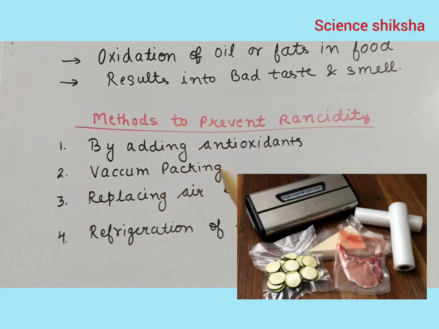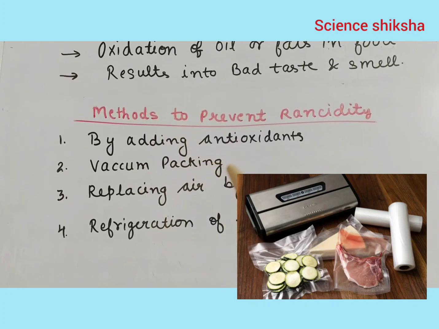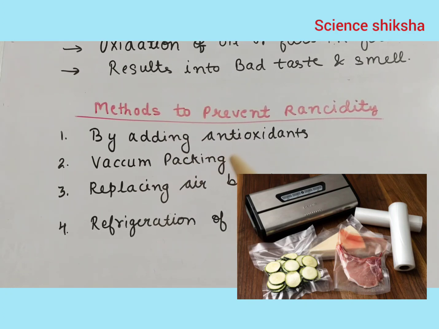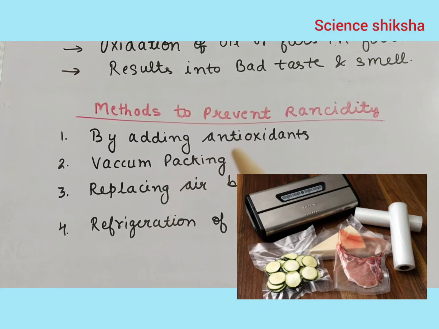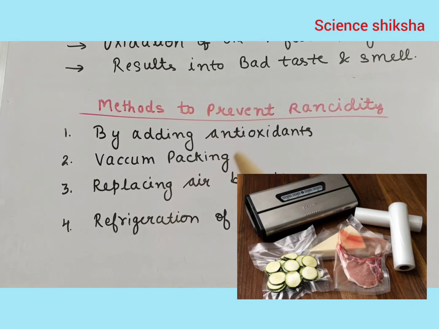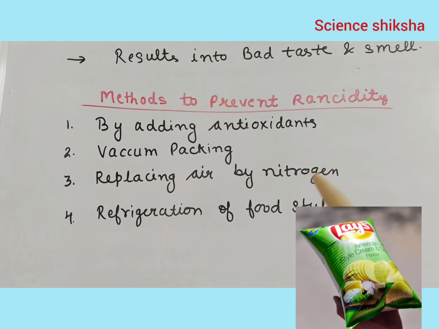Second is vacuum packing. When food gets packed, before sealing, the air is evacuated so that no oxygen remains available for oxidation. Third is replacing air by nitrogen.